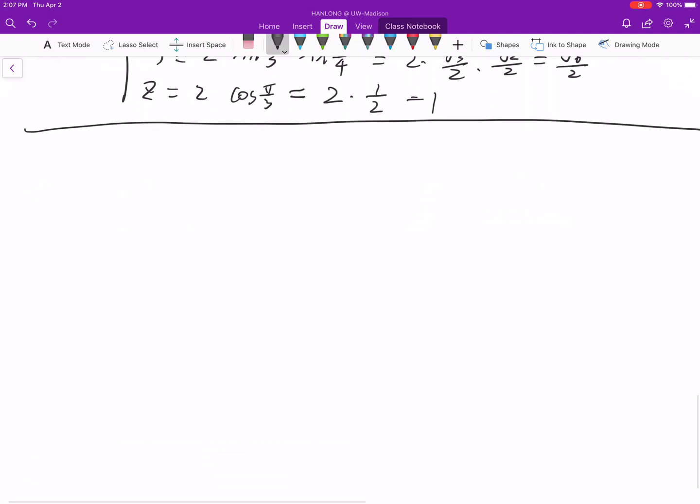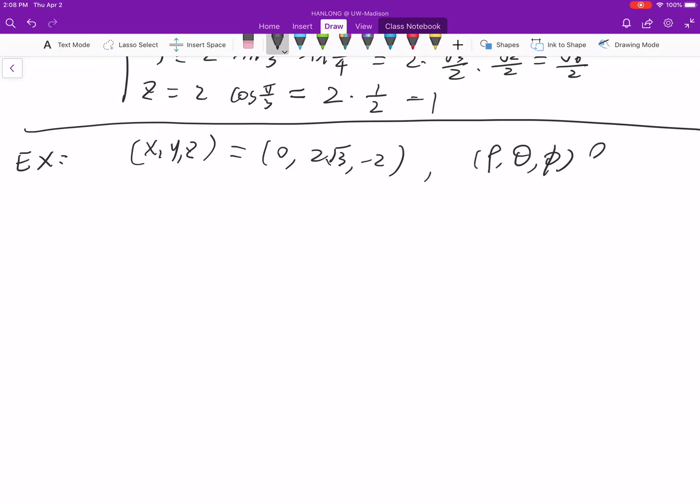Pretty straightforward. And next, we do the inverse transformation. Suppose the x, y, z coordinate is given by 0, 2 square root 3, negative 2. And what is the rho, theta, phi coordinate?